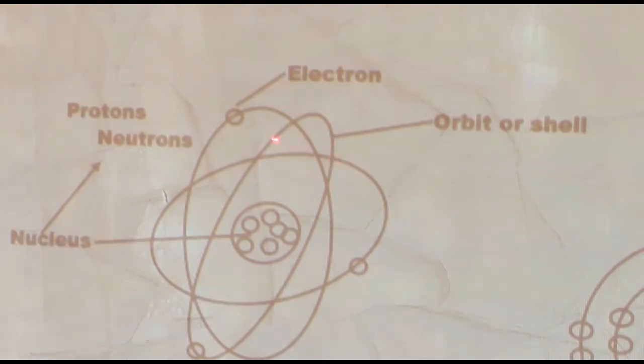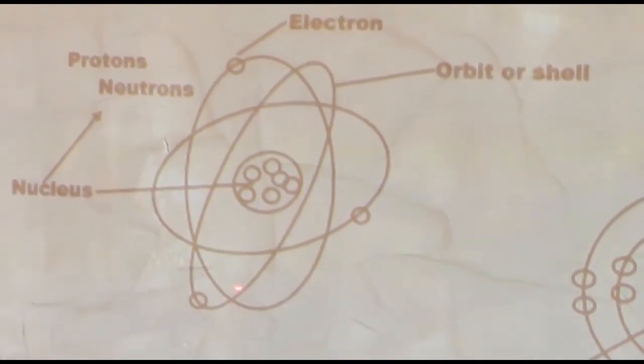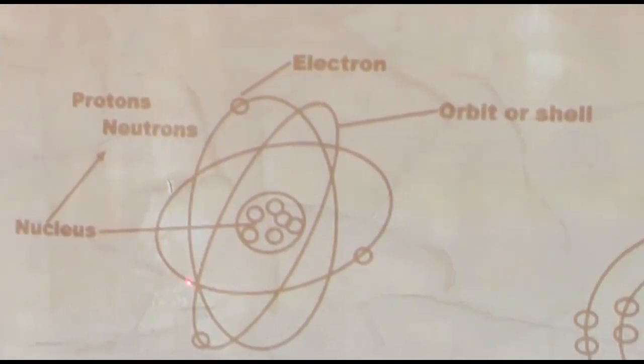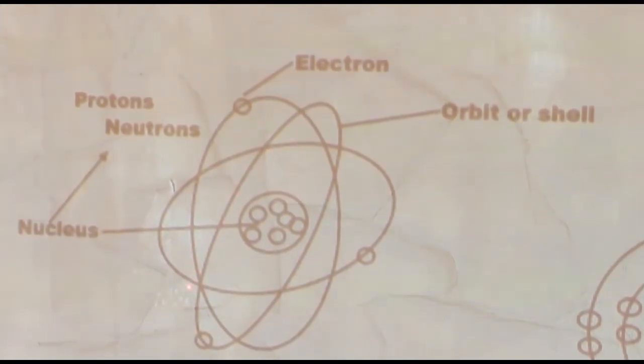Now, around the nucleus, you will see some spherical shapes. These spherical shapes are in constant motion, constantly moving around the nucleus of an atom. Look at it. These spherical shapes are called orbits or shells.